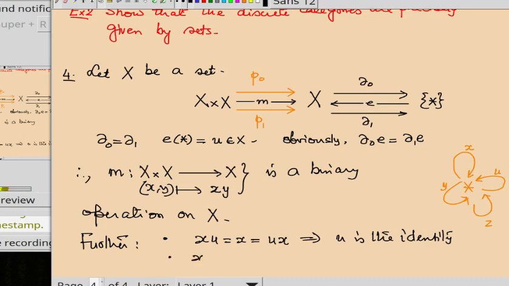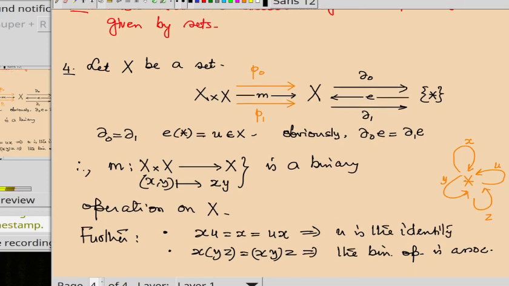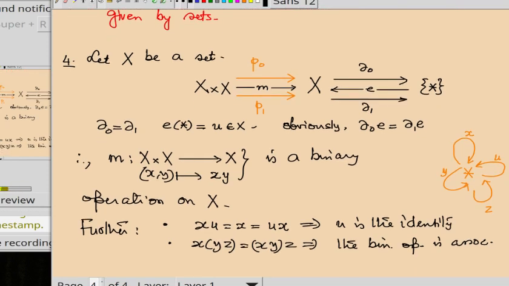And the associativity then says the binary operation is associative. So it's an associative binary operation with an identity, and hence X is a monoid. Okay? Hence X is a monoid.